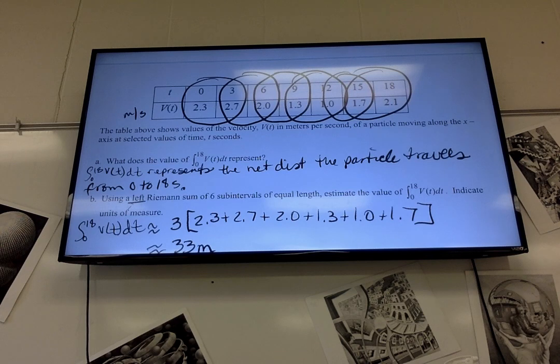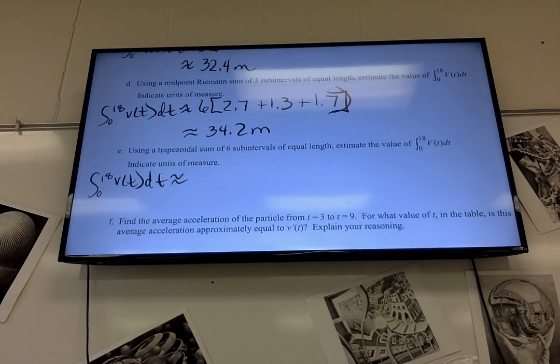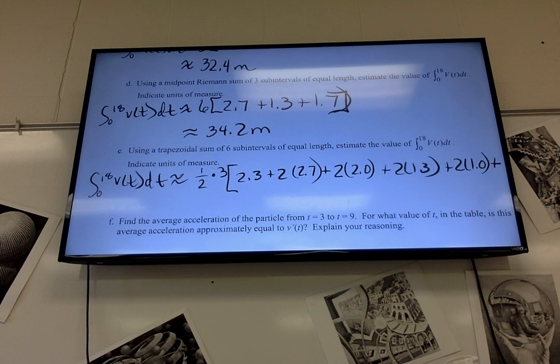All right, here we go. So, yesterday I showed them trapezoids. Since they're the same width, I can do it this way. They each have 3/2. So it's 3/2 times the first one plus 2 times the next one plus 2 times the next one, and so on.